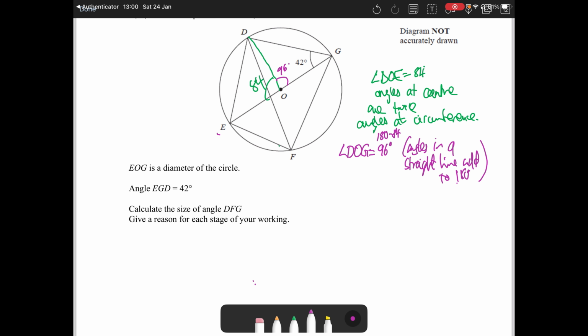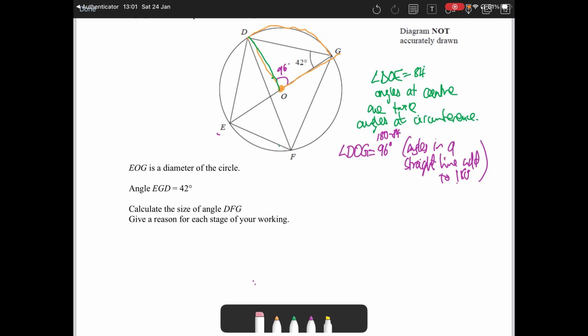Now, we're one step away, would you believe it? And if you can't spot it, don't feel bad. See, look, we've got an arc here, and to draw 96 degrees, we draw two straight lines towards the center from DG, there and there, to get 96. I'm not going to need this 84 anymore.